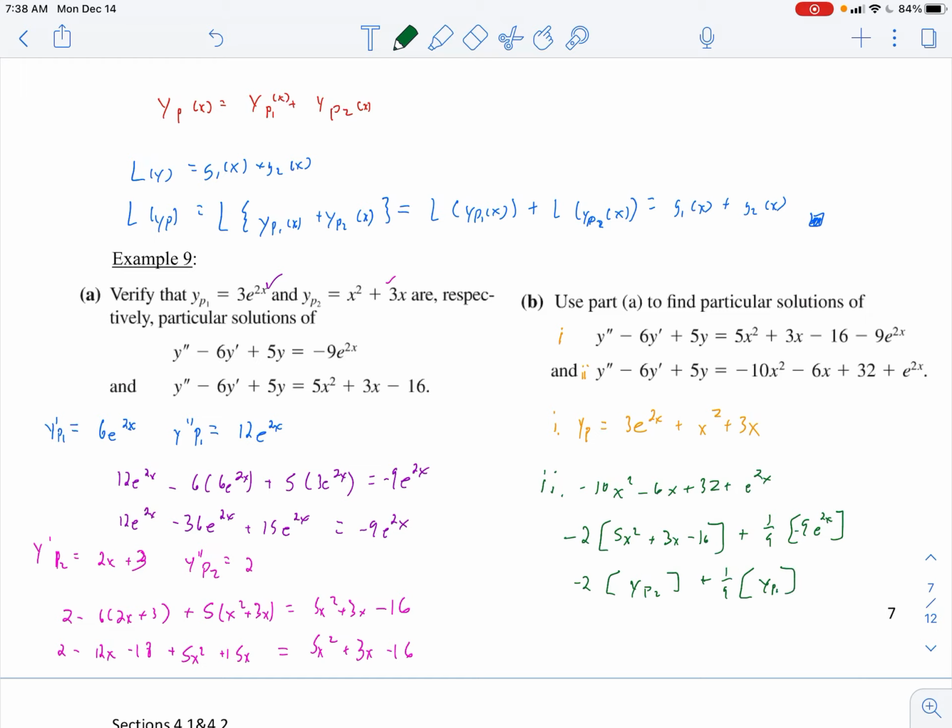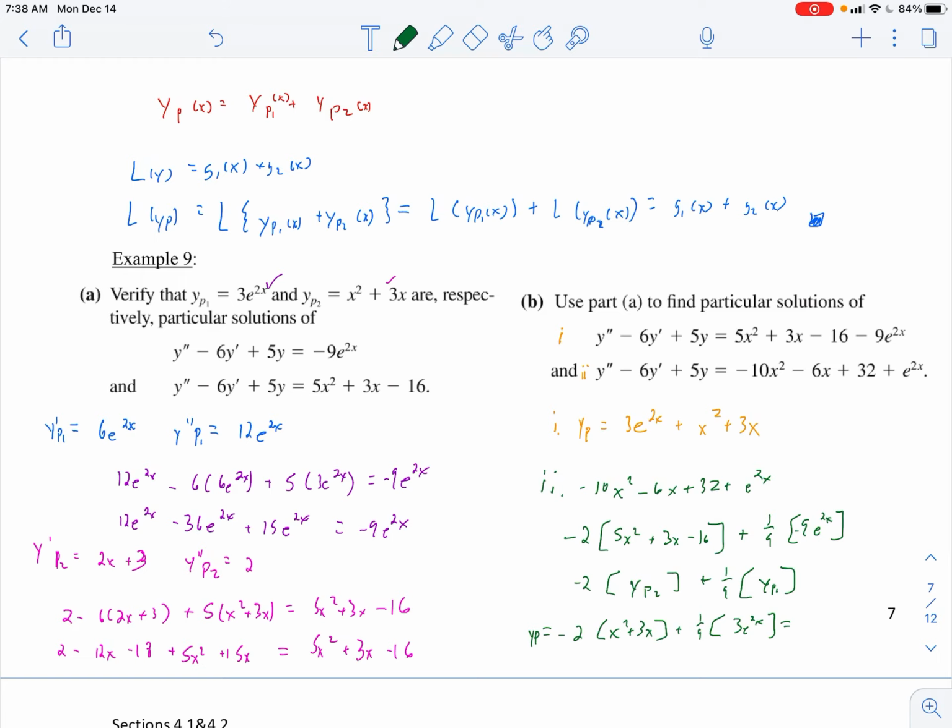Now we can go ahead and plug in our solutions. So our y sub p is going to be equal to negative 2 times our yp of 2, which is x squared plus 3x, plus 1/9 times our yp of 1, which is 3e to the 2x.